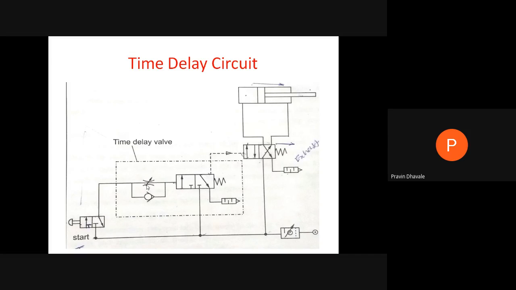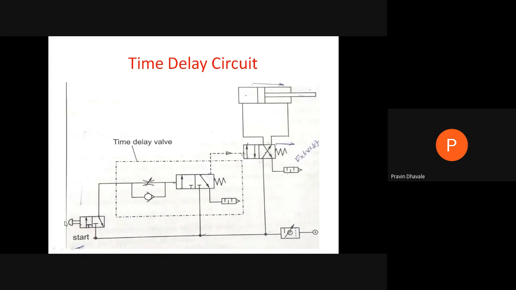It will control the mass flow rate of compressed air coming to this direction control valve, right? And the supply to this flow control valve will be connected to this 3 by 2 direction control valve.